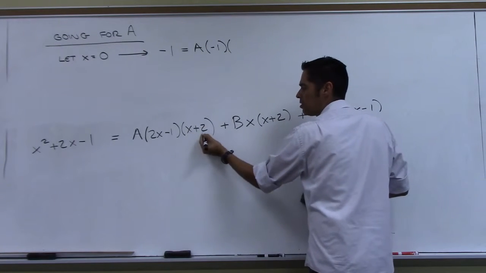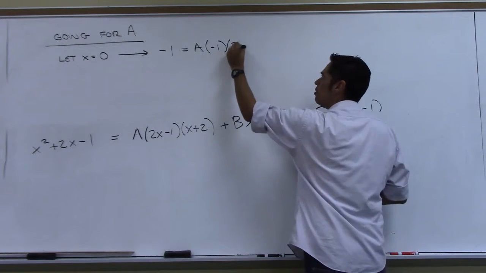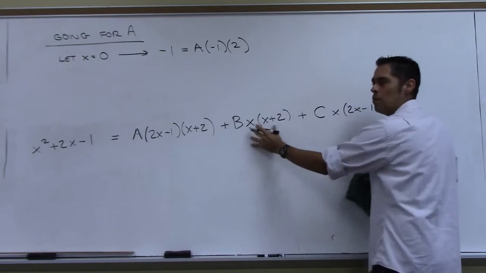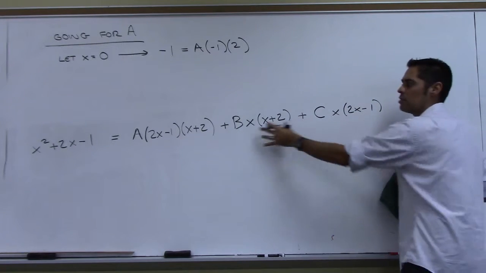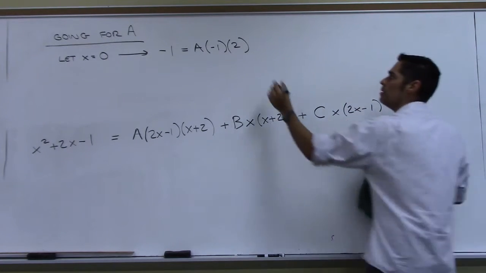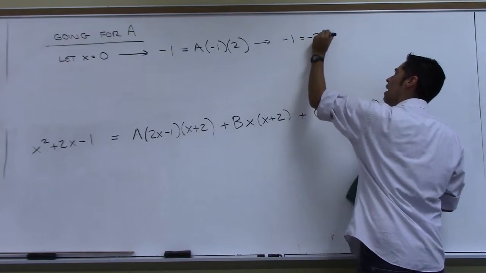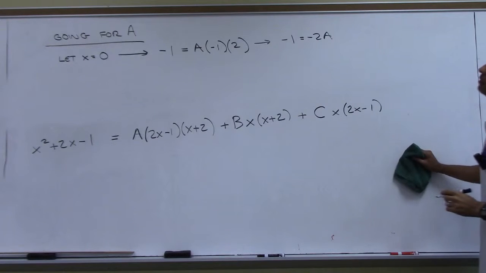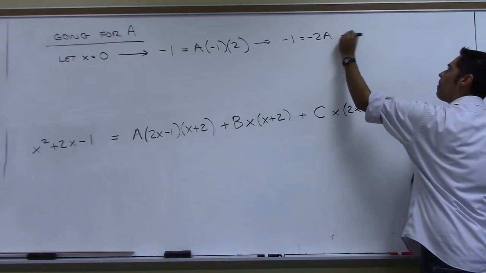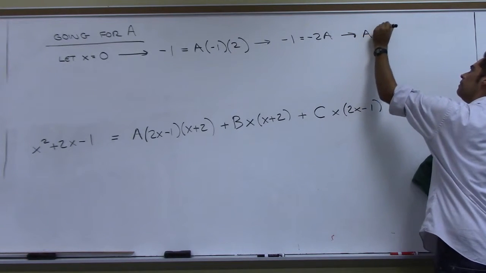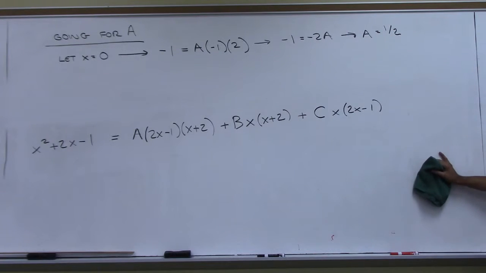Okay, 0 plus 2, 2, and then plus, I already know what happens to these: they're gone. These are history. So this just turns into minus 1 equals minus 2A, which means A is what? 1/2. That wasn't so bad. We know what A is.